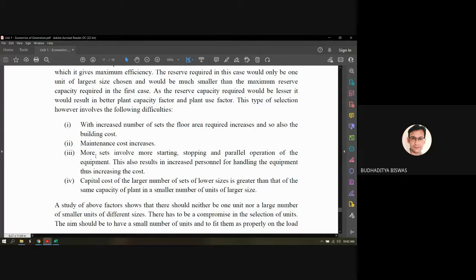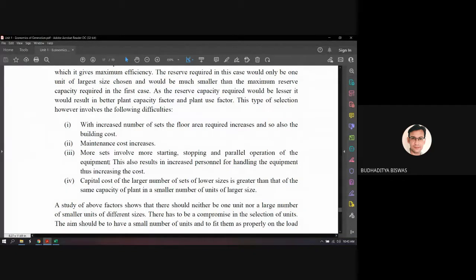Third one, more sets involve more starting, stopping, and parallel operation of the equipment. So here you see, this is obviously a main point, that if we installed say 10 generators, every generator must be synchronized. This is a parallel operation of the generators. So every generator must run at constant speed to maintain the frequency.